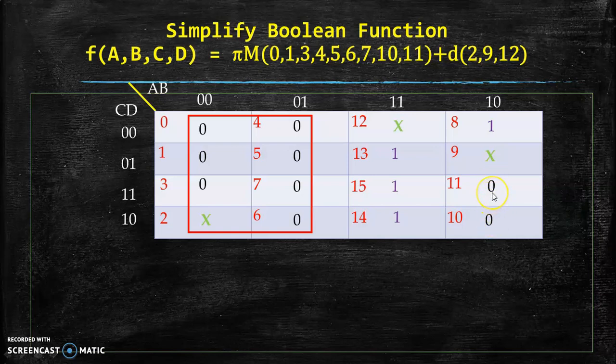So instead of making a pair, we can prepare a quad with a wrap around condition. So with cell numbers 2, 3, we can prepare a quad of cell numbers 10 and 11. So we have prepared another quad. So only 2 groups are possible. We have not used the don't care condition of cells 9 and 12. We have left them as ones.